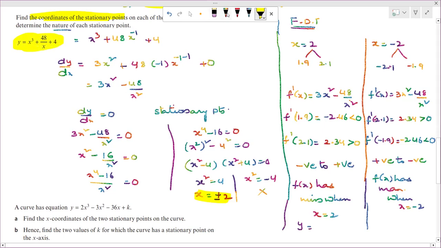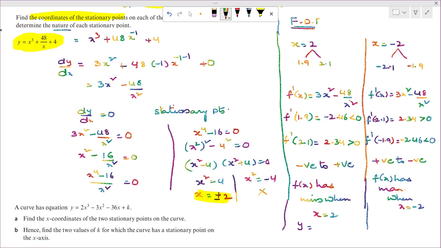If x is equal to 2, 2 cube, let me check in the calculator. 2 cube plus 48 by x. 48 divided by x is nothing but 48 divided by 2, plus 4.